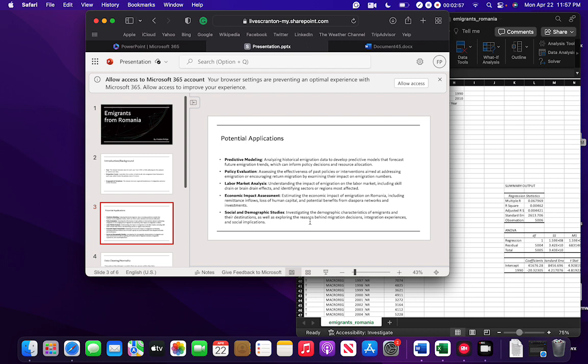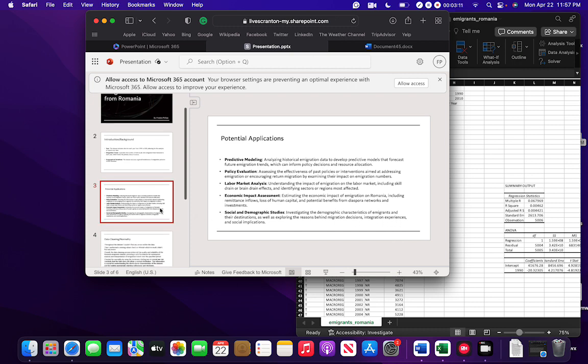Social and demographic studies: investigating the demographic characteristics of immigrants and their destinations, as well as exploring the reasons behind migration decisions, integration experiences, and social implications.